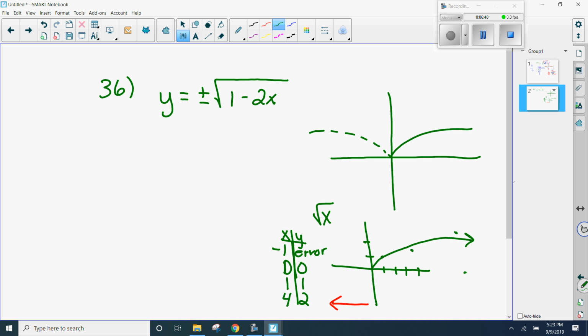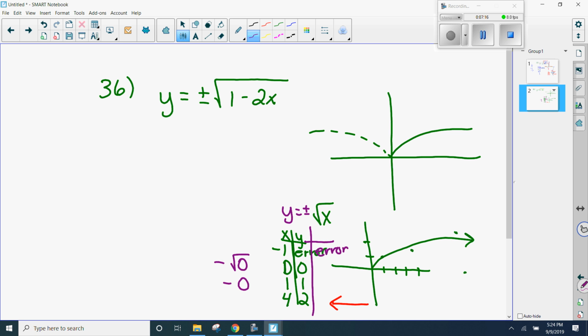Now what happens when you say plus or minus is, if I take this table and I now put that minus sign in there, y is equal to plus or minus the square root of x. I'm still going to get an error at -1 because you can't take the square root of -1. The negative is in front of the radical sign. If you put 0 in, you're going to get negative the square root of 0, which is 0.